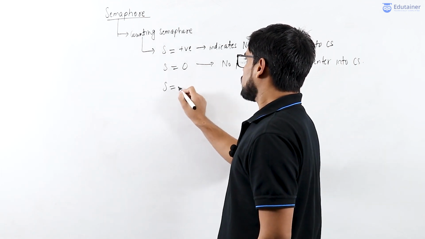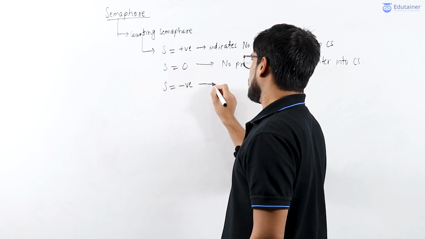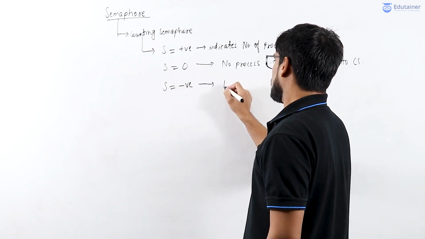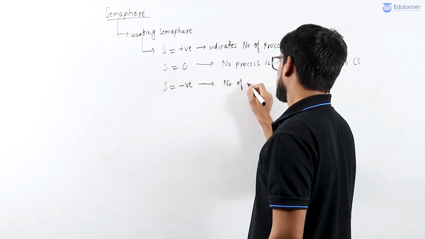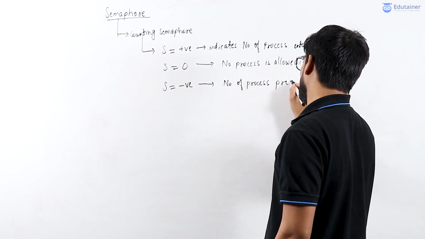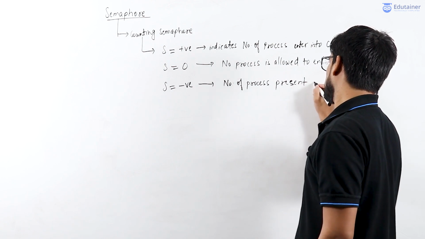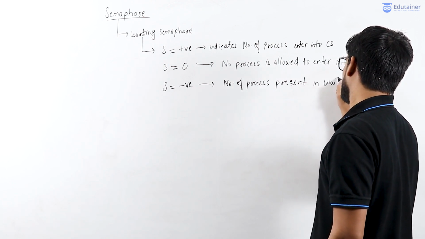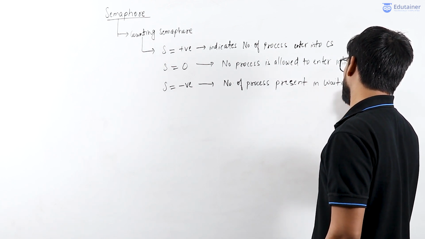And if S is negative, it means that number of processes are present in the waiting queue to get a chance to enter into the critical section.